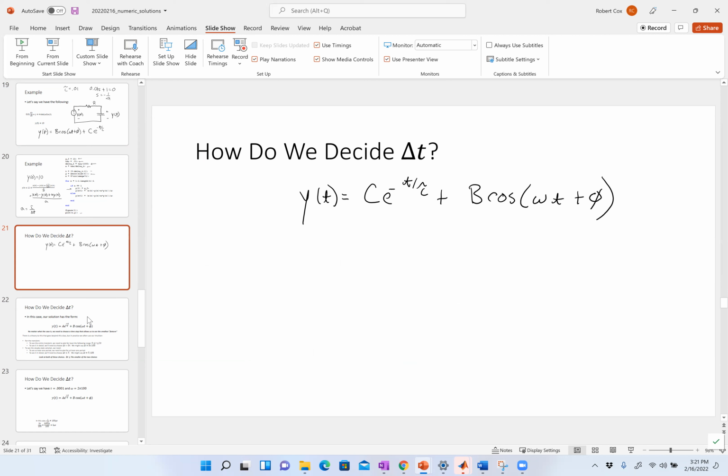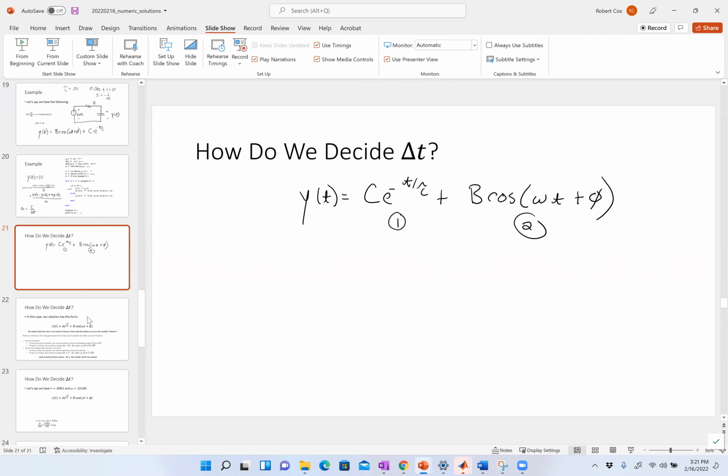This is feature number 1, and this is feature number 2. There's two things happening. If I want my graph to be accurate, what do I have to capture? There are two features, and I have to capture all of them. I have to capture the transient, and I have to capture the steady state.